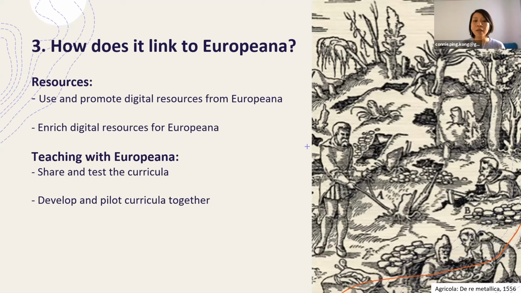And at the same time, in the process of developing the e-learning programs, we're helping the local sites to digitalize their materials, in a more curated and organized way with thematic themes. So that can be used to enrich the digital resources for Europeana. So this is one perspective I could think about.